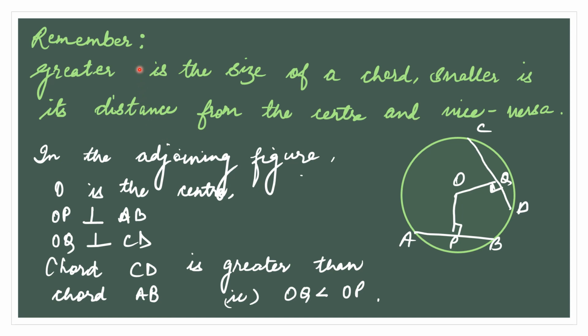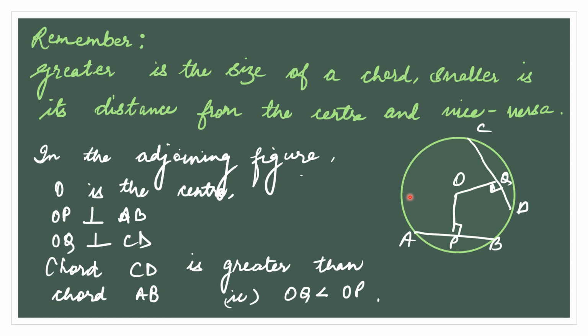Now remember this point. Greater is the size of a chord, smaller is its distance from the center, and vice versa. What is the point, children? If the chord is of smaller size, suppose only this much, then it will be farther from the center.